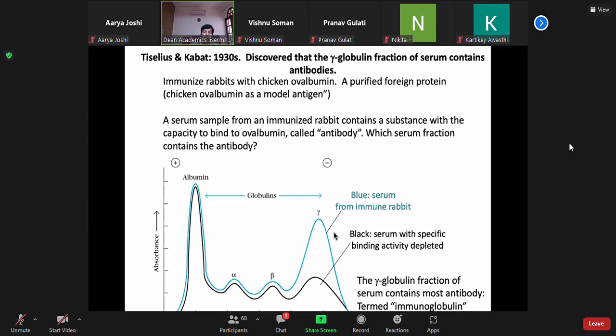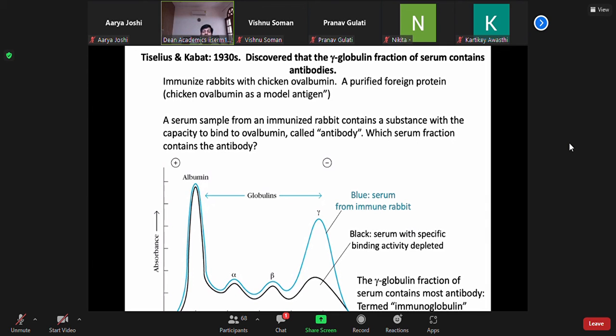Now, what you see is that this serum from rabbit, which was not adsorbed, shows all the peaks. Every peak is present here. But the sample that was added with this chicken albumin and precipitated did not have a lot of protein in this fraction. So there is quite a huge difference in this region. That means in serum, whatever component bound to the antigen has the ability to interact with the antigen, right?